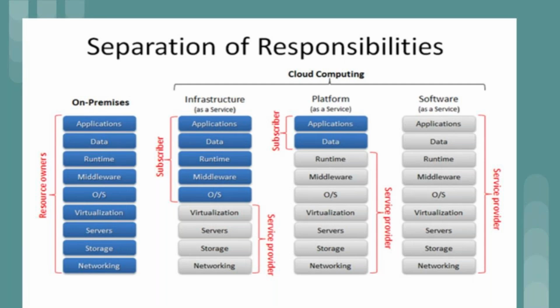But if you want to build an application, you have to get your own operating system, or set your own middleware so that you can integrate with some other system, or the runtime data or applications have to be handled by yourself. And one biggest example is Amazon Web Services.